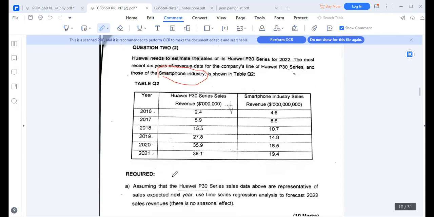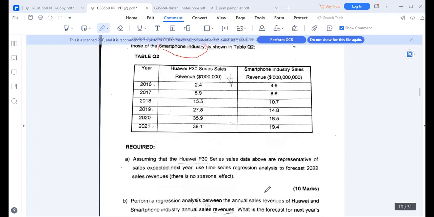Now the question says, assuming that the P30 series sales above are representative of the sales expected next year, use time series regression analysis to forecast 2022 sales revenue. There is no seasonal effect. It is 10 marks.